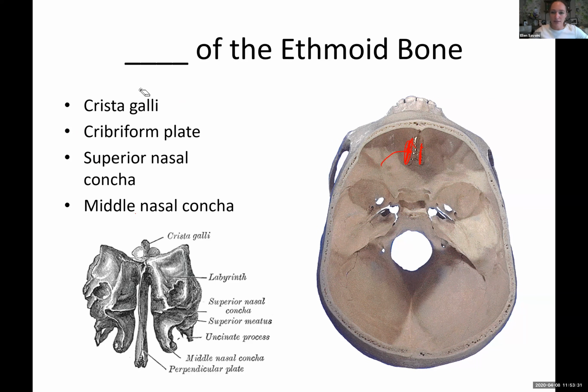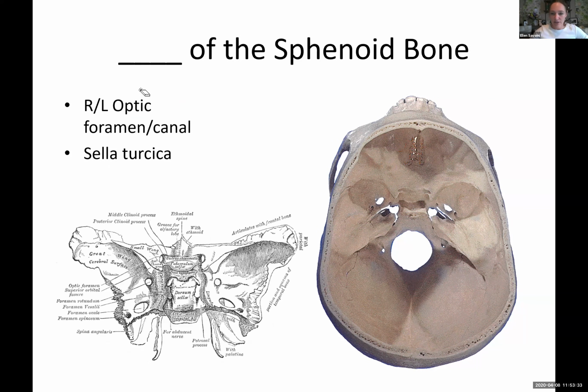So that's that. The sphenoid bone is actually this weird bat-like structure inside. The only two things that you need to know are that little circle. So these are counted as one. And then those circles are known as the optic foramen.